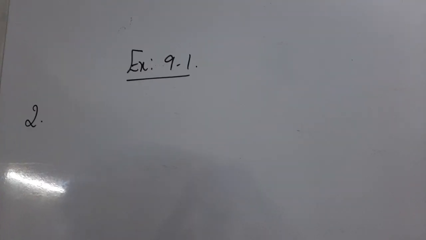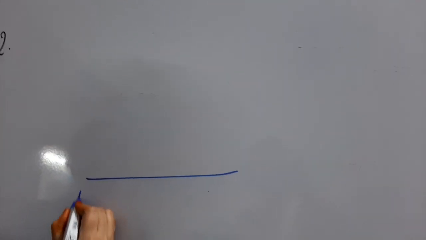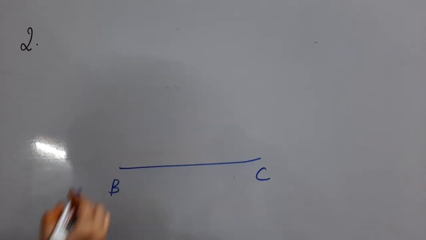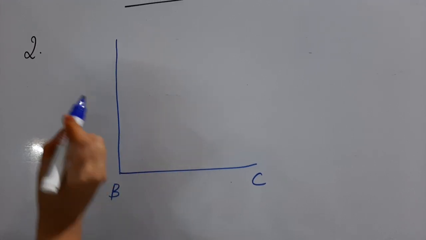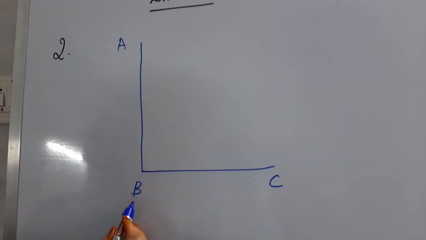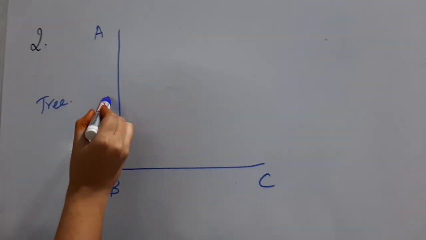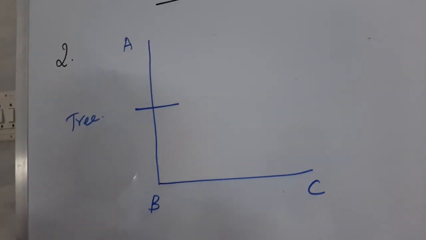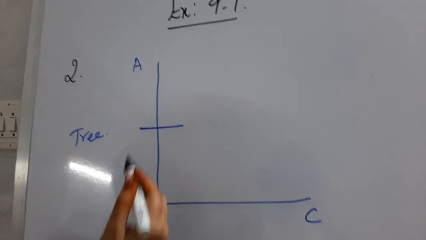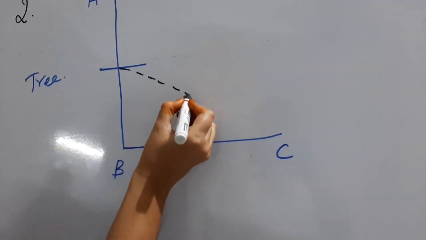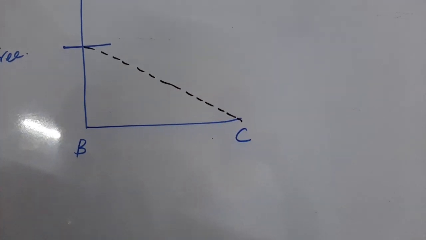First let's have the ground level. Here the ground level is BC and a tree stands on it. The total height of the tree is AB. AB is the tree. This tree has broken because of a storm and the broken part bends and touches the ground.